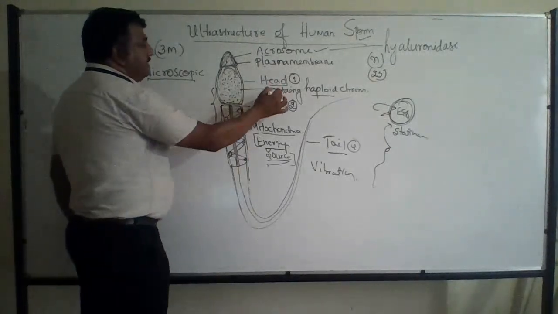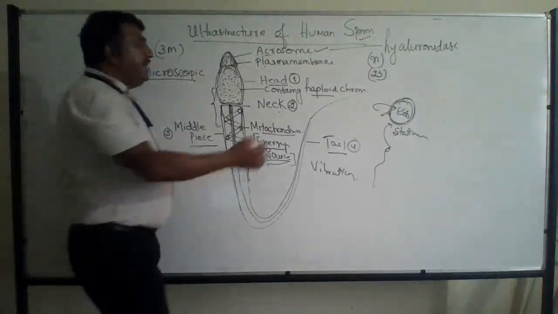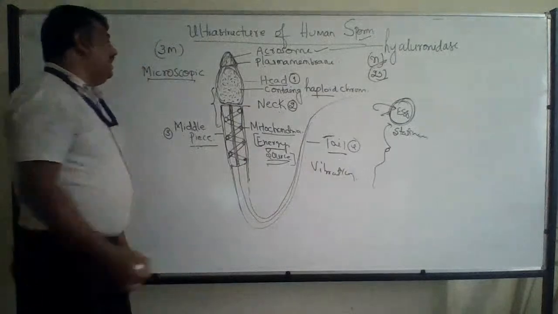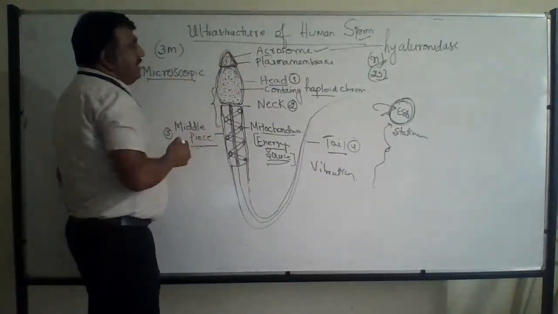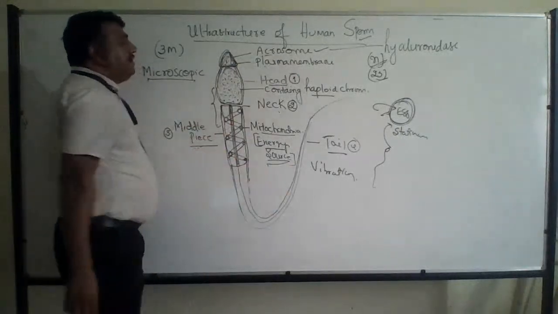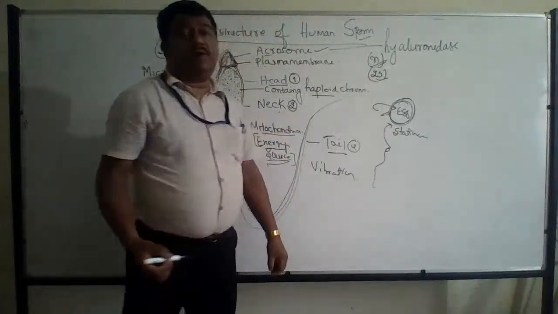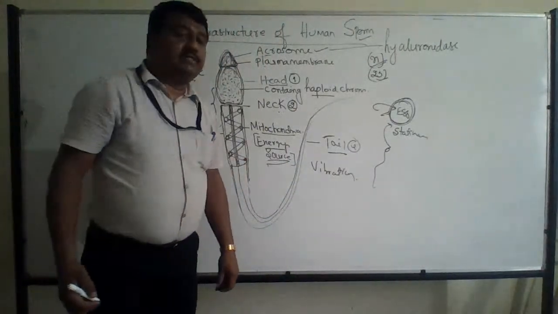The head region contains a haploid nucleus, meaning n number of chromosomes, that is 23, and the anterior portion of the head contains a cap-like structure called the acrosome. The acrosome is filled with an enzyme called hyaluronidase that helps in the fertilization process.